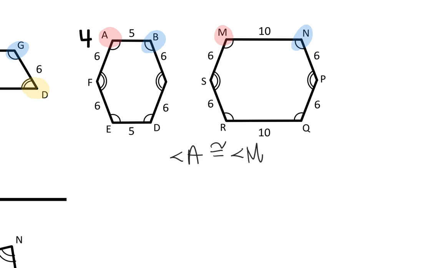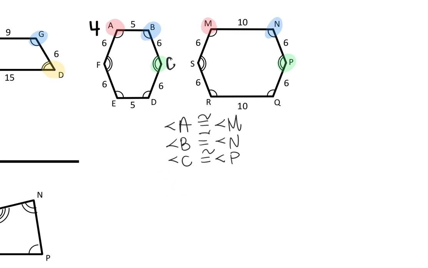Okay, so I'm gonna write angle B is congruent to angle N. I'm gonna write angle C, and I forgot to write down that particular angle name in my foldable, so that should be C. So angle C is going to be congruent to angle P. Okay, make sure you fill in C for me in your foldable. I just forgot about it. So angle C is congruent to angle P.